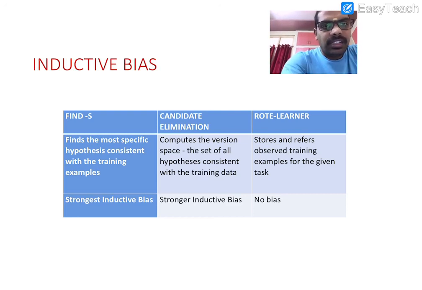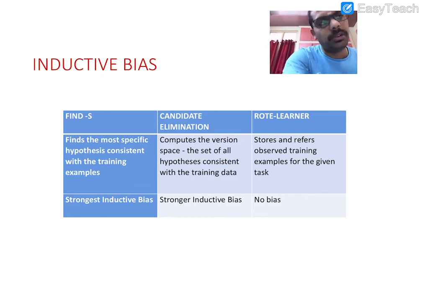In case of the Find-S algorithm, it concentrates only on positive values; the most specific hypothesis consistent with the training examples. In candidate elimination, we consider the version space and use positive and negative examples. So this will be the stronger inductive bias. So this is about inductive bias. Thank you.